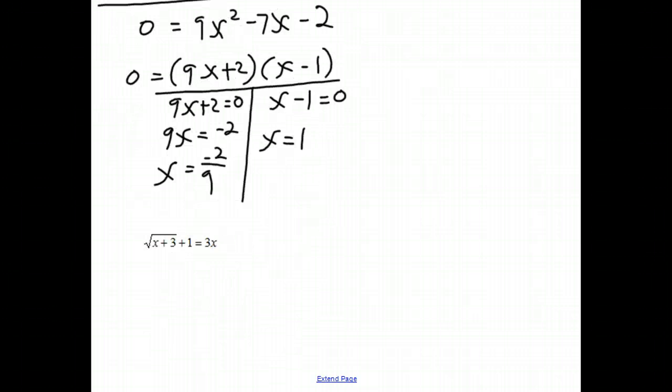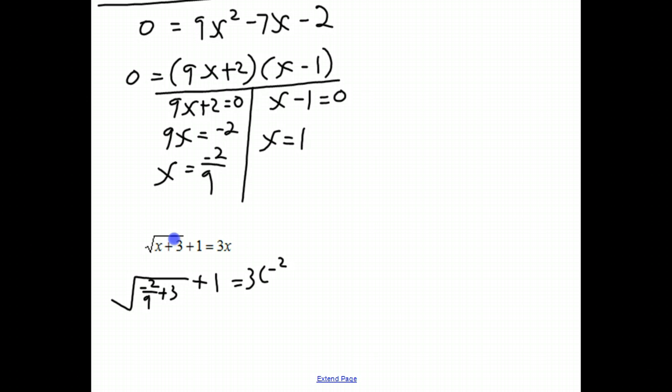Now, since the equation was squared as part of the solution, we do need to check to see if our solutions are real solutions. Sometimes when you square, that can add what's called extraneous solutions. So let's look at our original equation, and let's substitute negative 2 ninths. We would get the square root of negative 2 ninths plus 3, plus 1 is equal to 3 times negative 2 ninths.